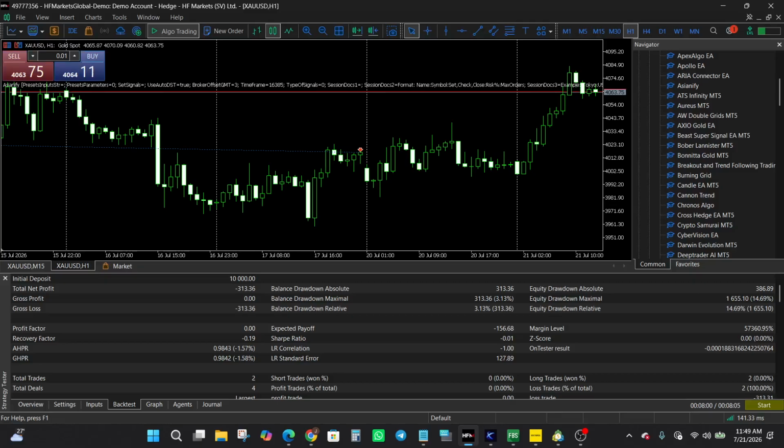But to be clear, historical testing like this is only one part of evaluating an expert advisor, and 2 trades is not enough to draw conclusions about long-term viability, right? Performance can shift significantly with different lot sizing, broker execution, spread conditions, and further optimization.